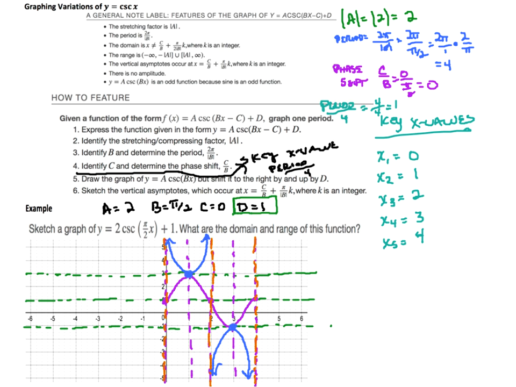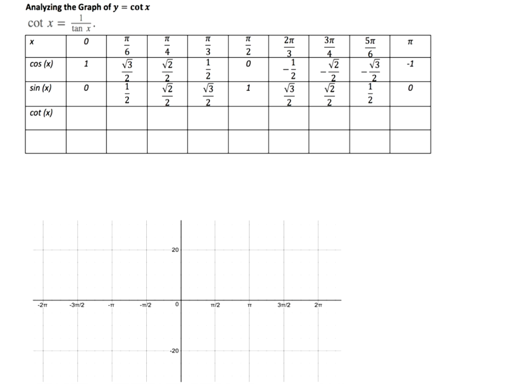Let's go ahead and take a look at the cotangent function. So we'll look at the cotangent function in its parent form, and then we will work on a transformed cotangent function.